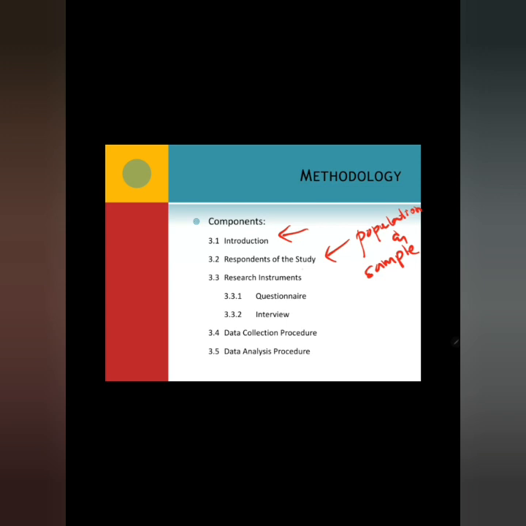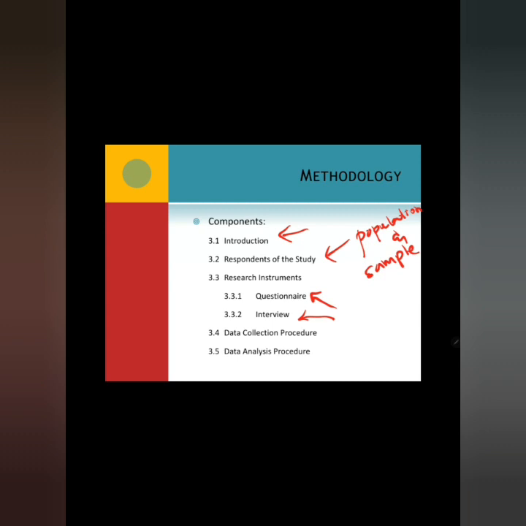All right, research instrument, the item or the instrument you use to collect the data. If you use any of these, you talk about it here in the research instrument. If you use one, then you talk about one. If you use two or more, then you talk about both here.